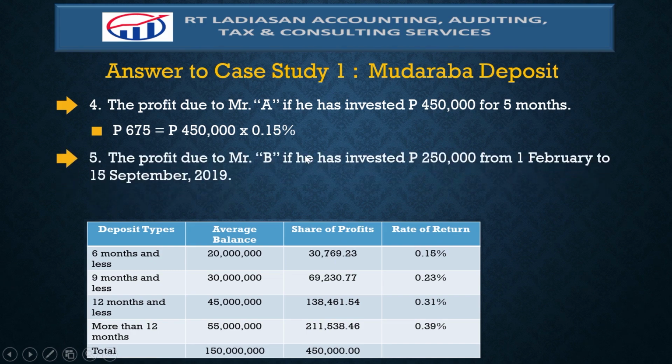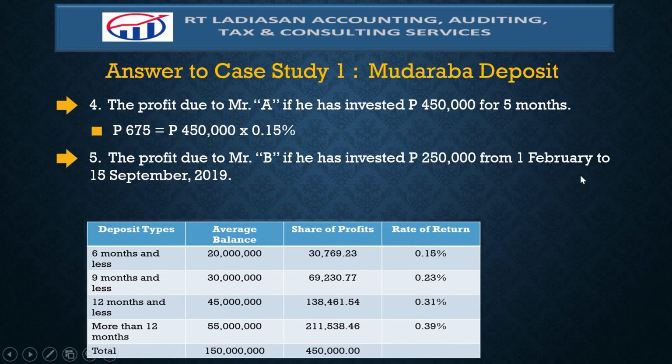And the fifth requirement is the profit due to Mr. B if he has invested 250,000 pesos from February 1 to September 15, 2019.